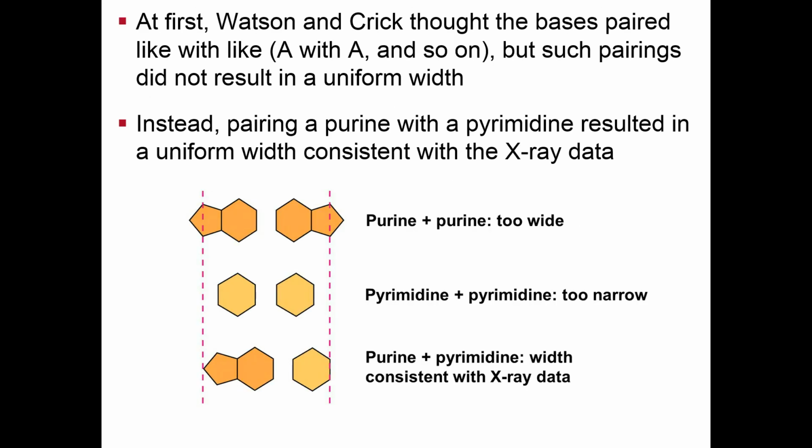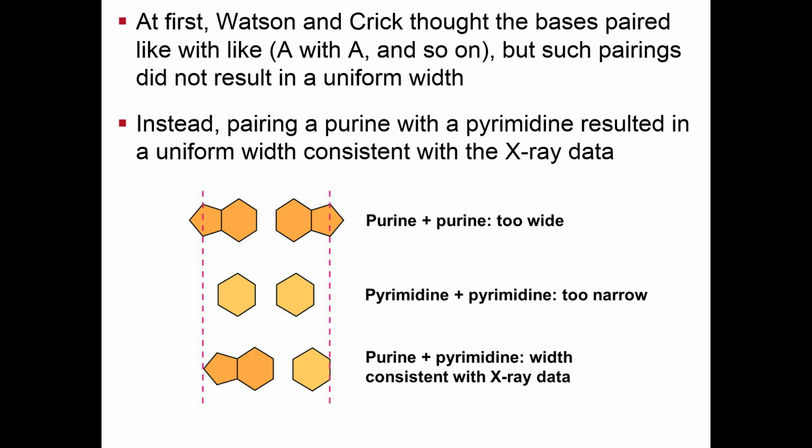Alright, so originally they thought that the bases paired, for example, A with A. But again, you're trying to put an adenine with another adenine through hydrogen bonding, and two purines together just isn't going to work. Alright, it's too wide.